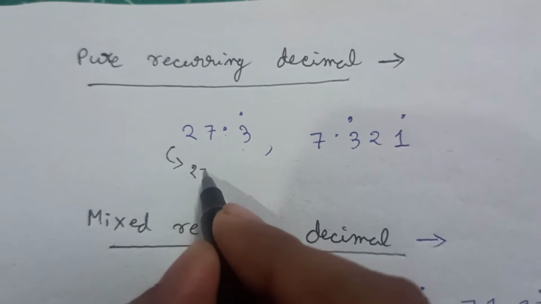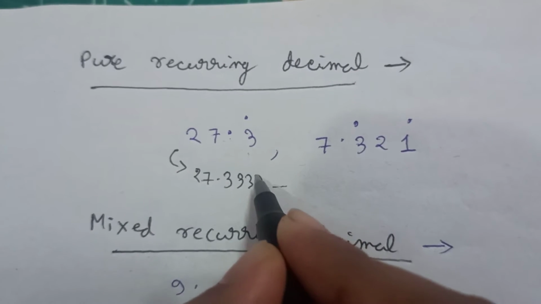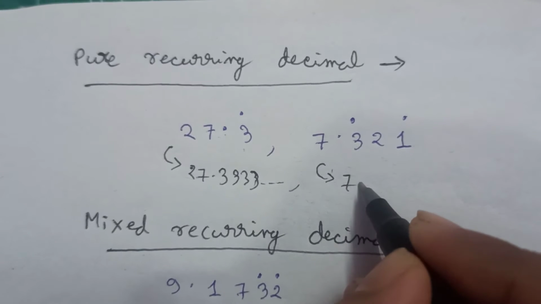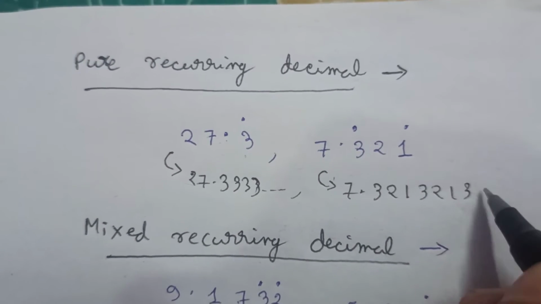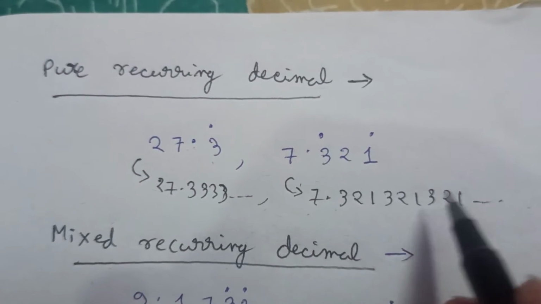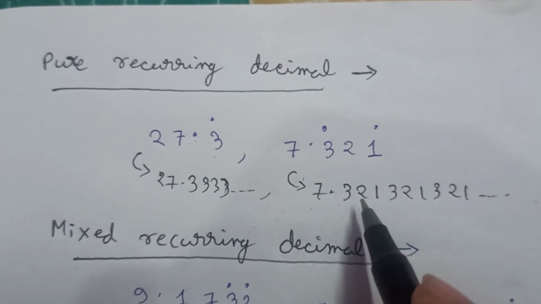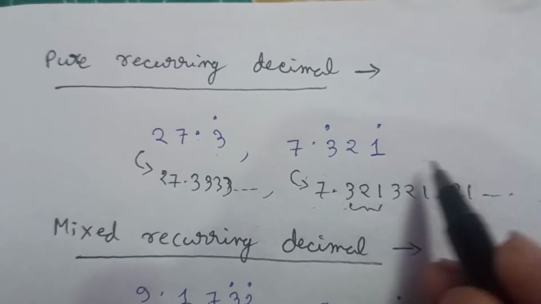So here, 27.3333 is written like that, and this one is written like 7.321. So let's see this. Here not only one single digit is repeating itself; there are a total of 3 digits repeating again and again.